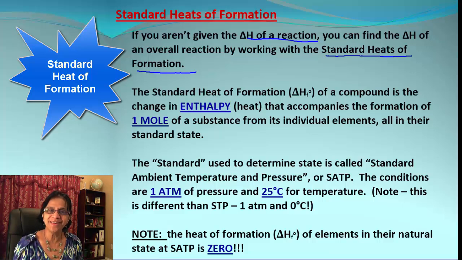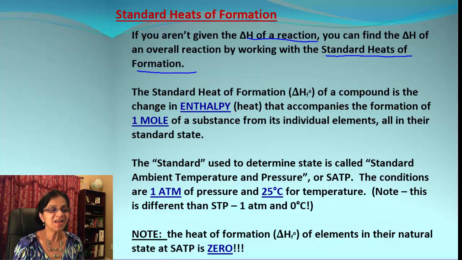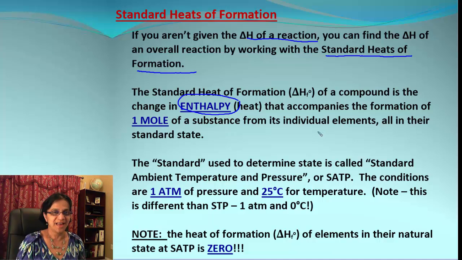So what do we mean by standard heat of formation? This is the amount of heat or enthalpy that is accompanied with formation of 1 mole of substance, and it has to originate from individual elements and all of those in their standard state.